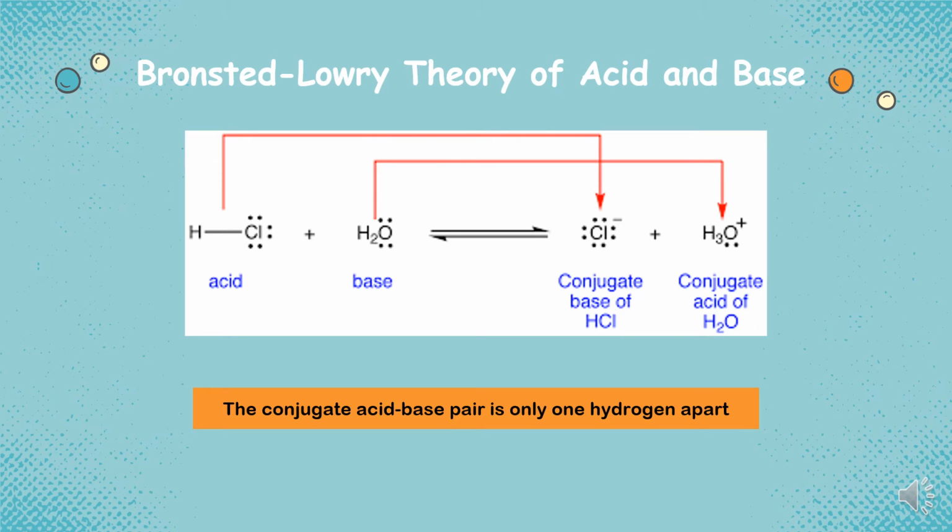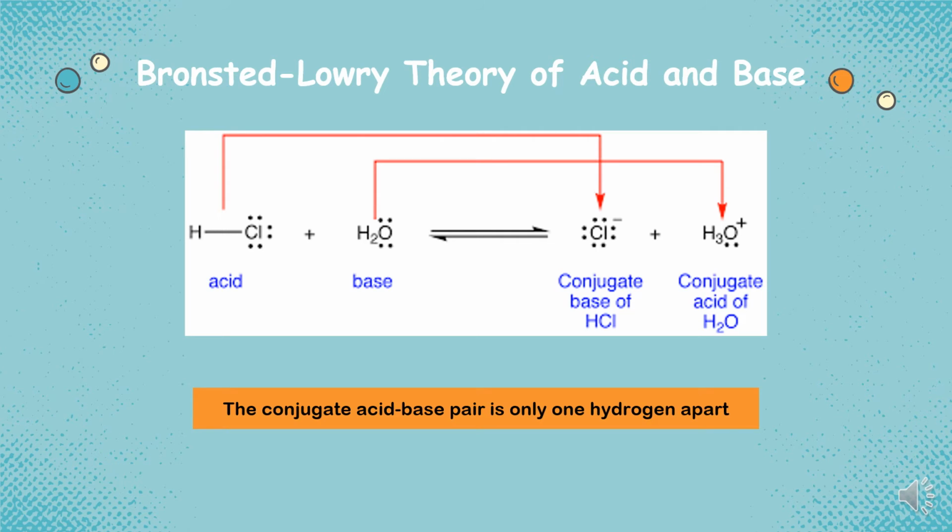For example, hydrochloric acid plus water forms chloride ion plus hydronium ion. Hydrochloric acid pairs with chloride ion and water pairs with hydronium ion. Between hydrochloric acid and chloride ion, there is only one hydrogen difference.